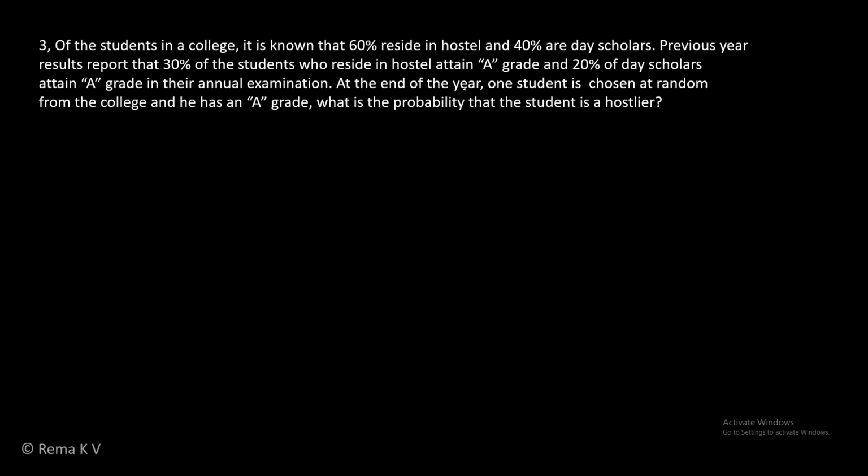At the end of the year, one student is chosen at random from the college and he has an A grade. What is the probability that the student is a hostelier?